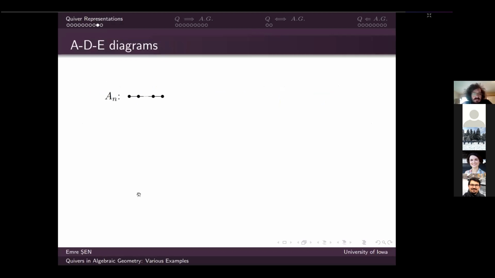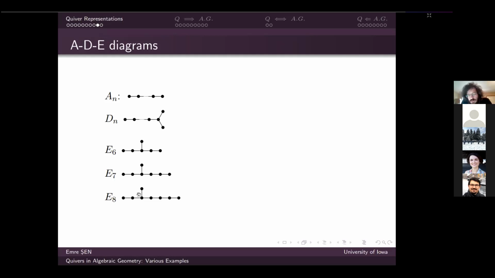We can consider this family A_N, right? From the Lie algebra perspective, this will correspond to the SL_N, the special linear Lie algebra, D_N for the even orthogonal, and we have 3 exceptions. So E6, E7, and E8, right? So those are just the ADE diagrams, and they appear in various places.